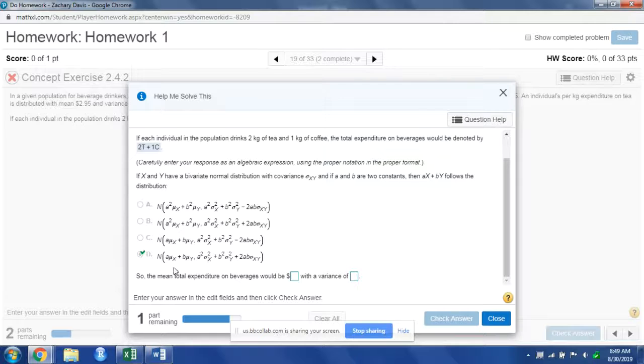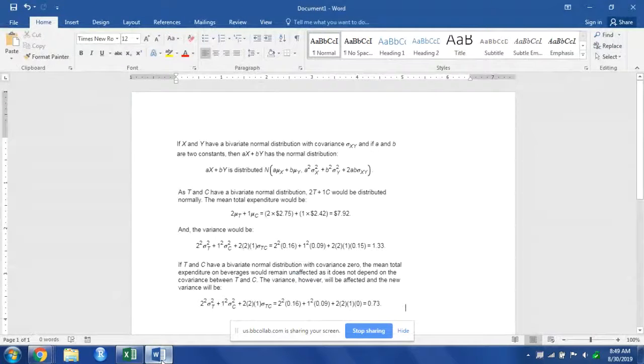So this is the formula that it's going to expect you to use to solve the mean expenditure and variance. This is actually going to help you with the variance, but so the mean is found by just plugging into our formula.